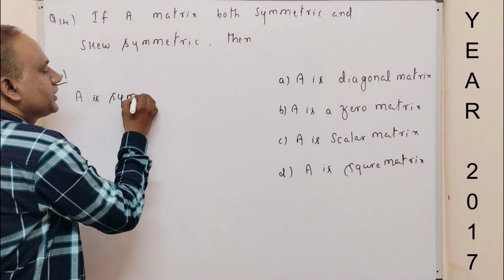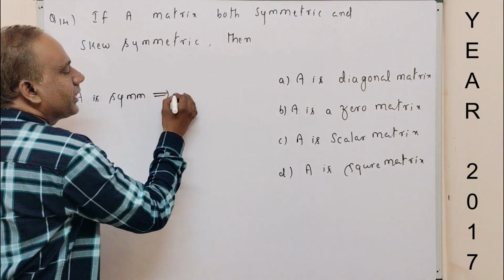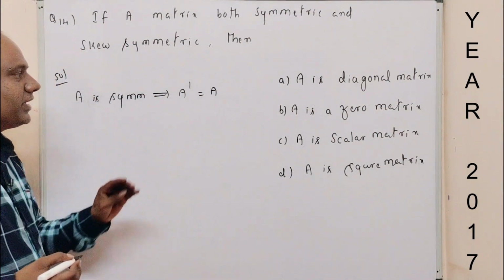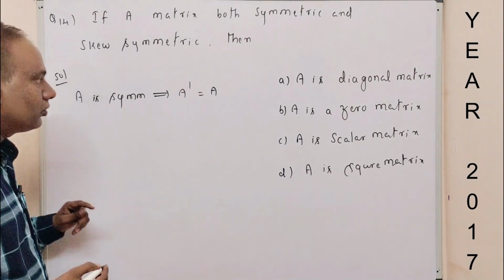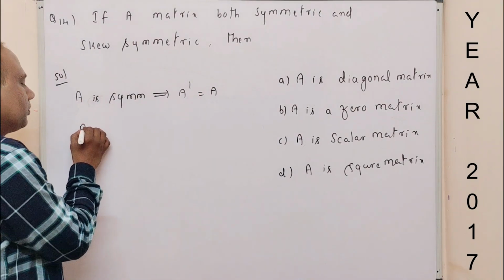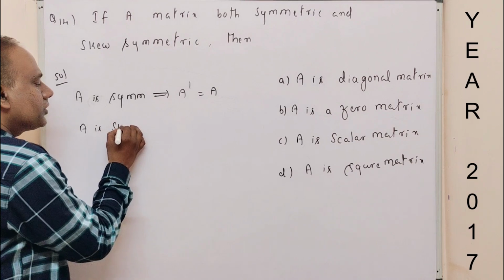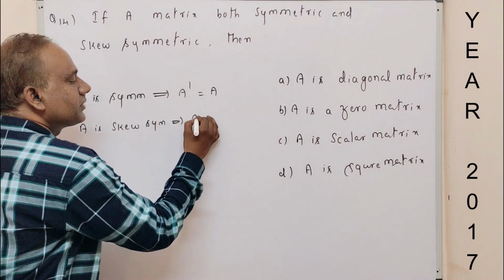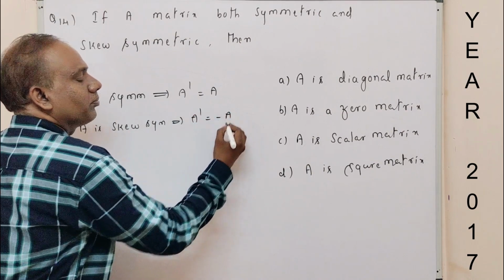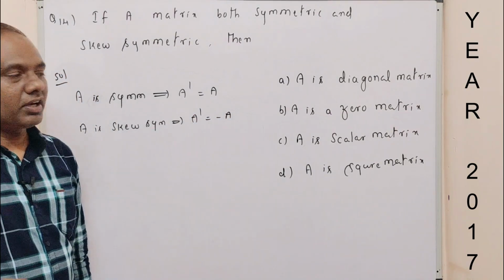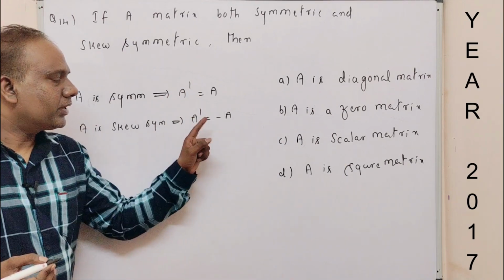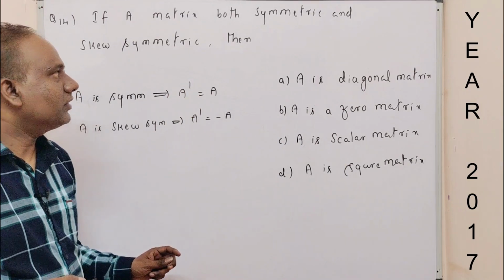A is symmetric means the condition is A dash is equal to A, and A is skew symmetric means A dash is equal to minus A. So these are the conditions. For symmetric, A dash is equal to A. For skew symmetric, A dash is equal to minus A.